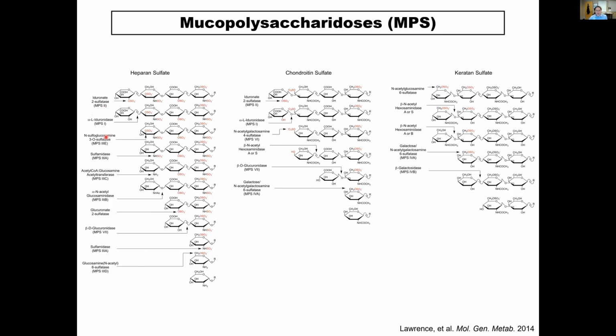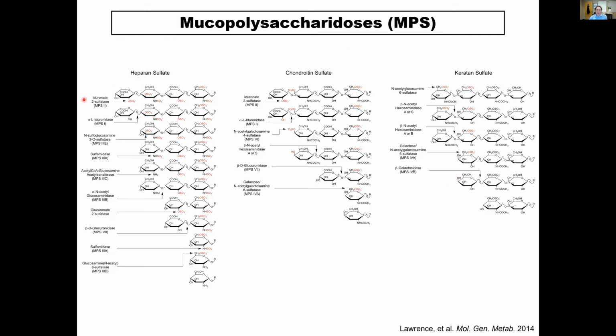And so here I'm highlighting all the different disorders, the names that have been designated for these patients with different enzymes and missing enzymes. And again, this is important. If we can understand the structure, we can then understand not only the function of GAGs, but also certain biomarkers that might be present.